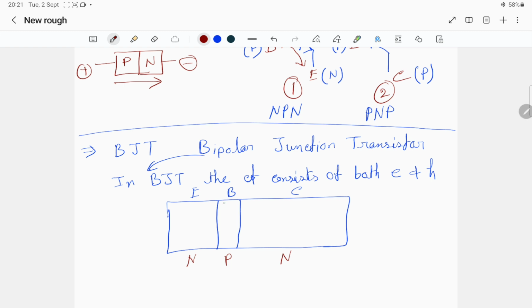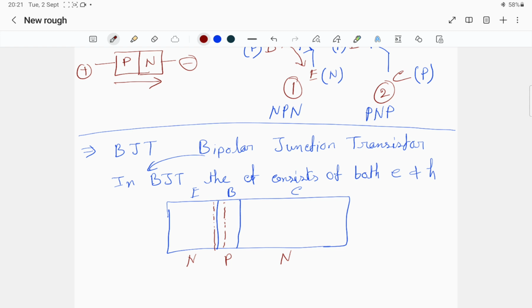So that would mean there is a depletion region like this in base, and there is a small depletion region in emitter side. Why? Because emitter has higher doping concentration, and we discussed in the last module that if the doping concentration is higher, your depletion width would be lower, right?